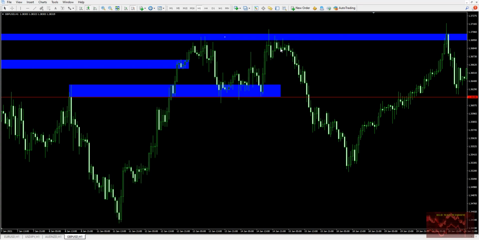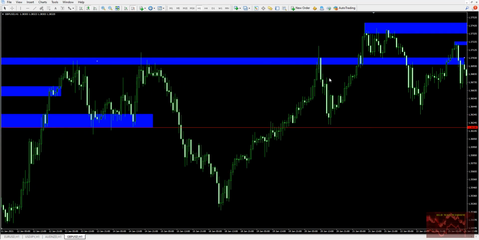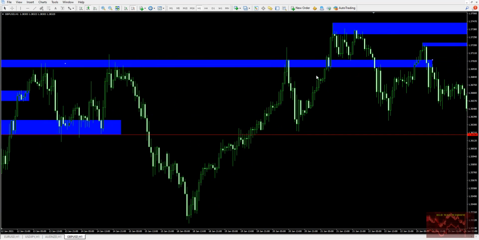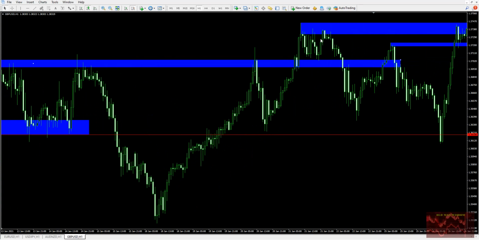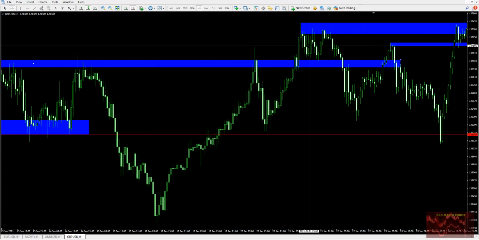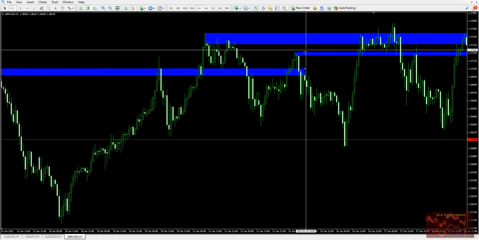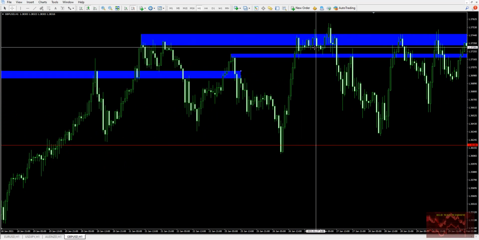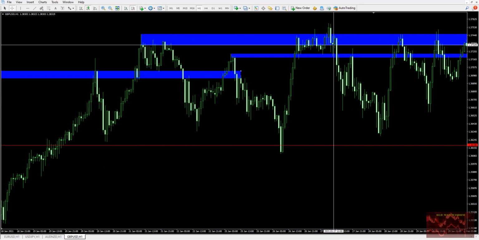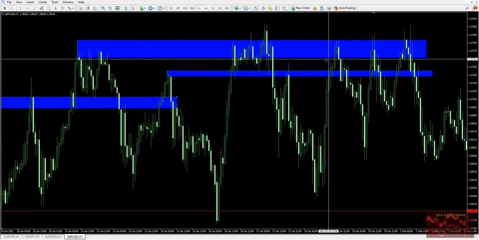We wouldn't have got this one. There's no valid trade. I wouldn't have taken that one, but I'd have taken one here. So that's two valid trades. Then I took one here, three valid trades, all winners.